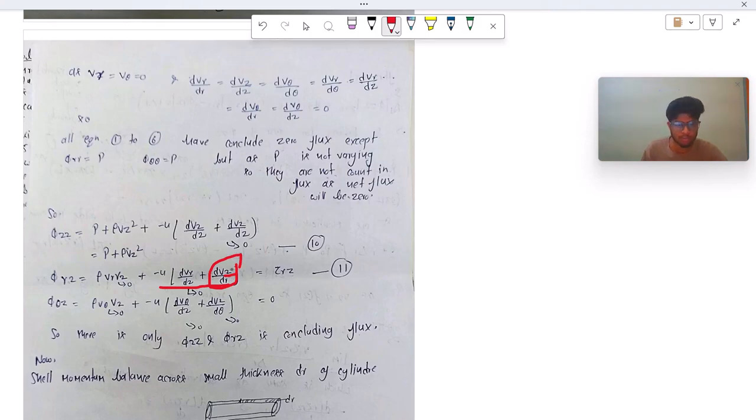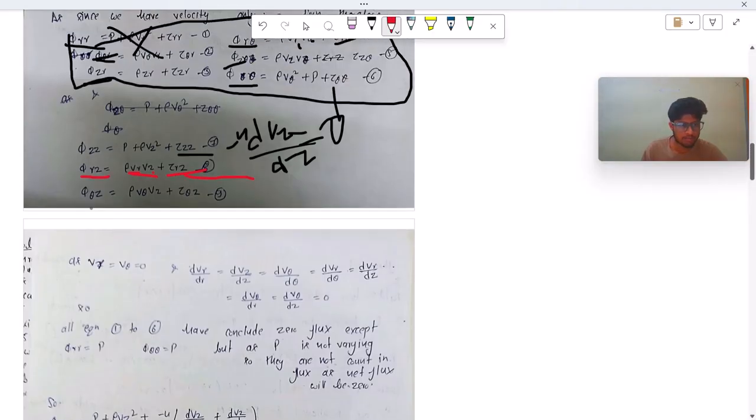Therefore, we have some value of this. And phi theta z is written as rho V theta Vz plus tau theta z. We have V theta equal to 0. Vz is not 0, but as V theta is 0, this term goes to 0. Tau theta z is also 0, as there is no velocity component in theta direction and z velocity is not varying in theta direction.